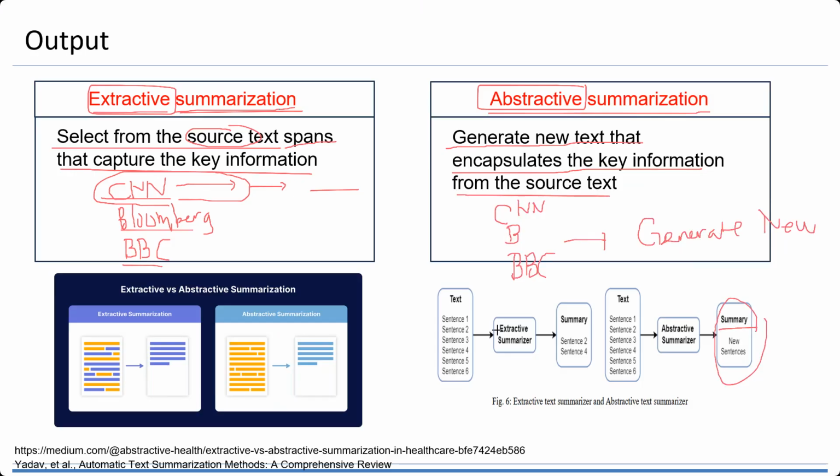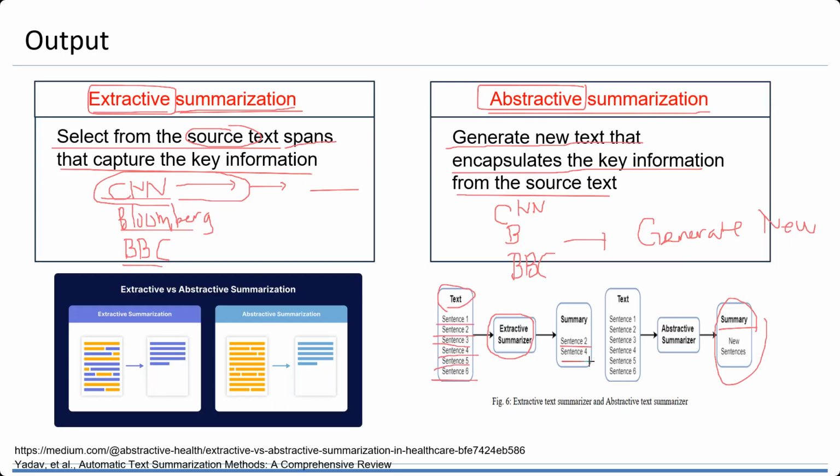This figure can show you: if we have the text with sentence 1, sentence 2, sentence 3, sentence 4, sentence 5, sentence 6, with the extractive summarizer we will select the best sentences. In this case, maybe we select sentence 2 and sentence 4.